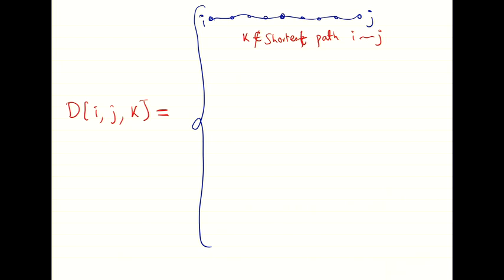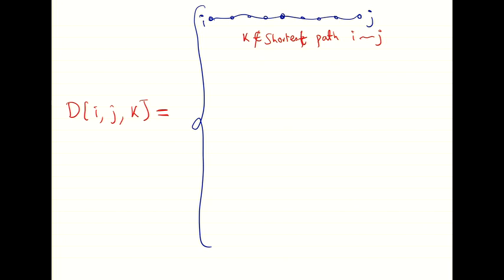So we only allowed the path to use vertices from 1 through k as intermediates, and it's decided to not use the vertex k, which means the only intermediate vertices are 1 through k minus 1.